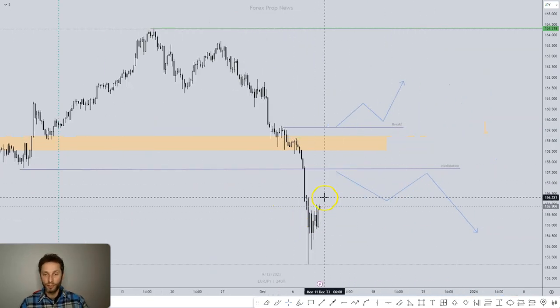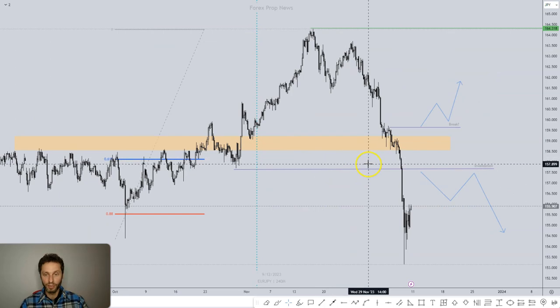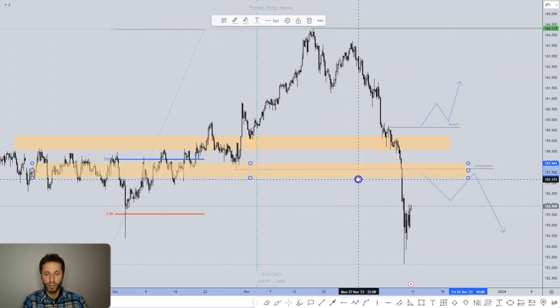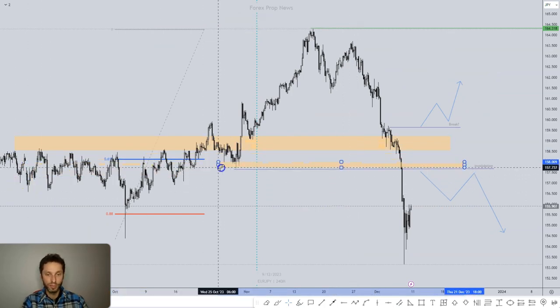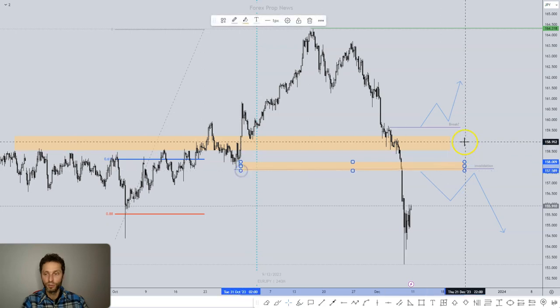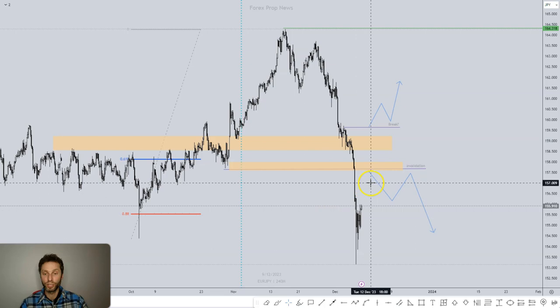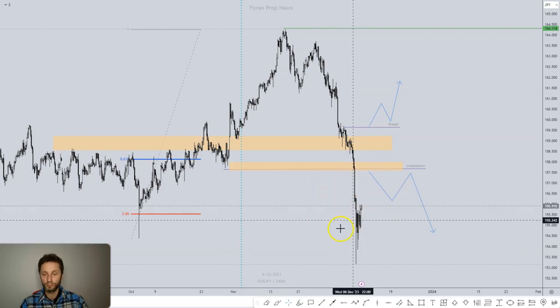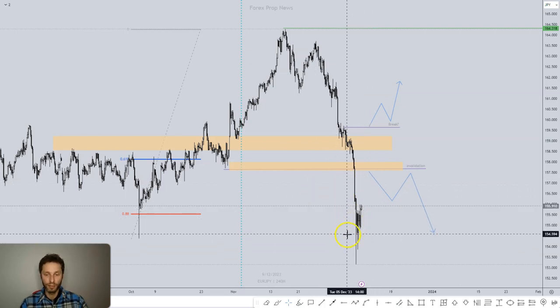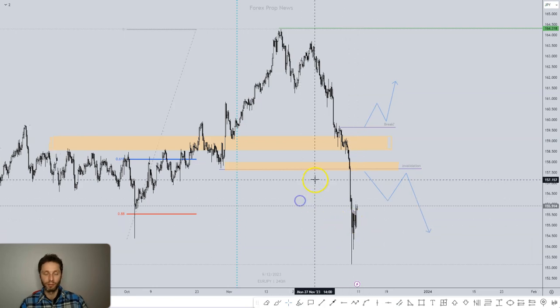We have not had that yet because we have not had the better price up here, and we'd be looking at this sort of price to sell from, but that did not happen either. We just collapsed lower, and we're barely bouncing off this 155 level here.